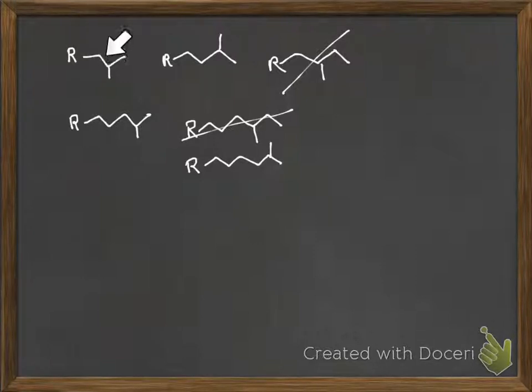So this is isobutyl. The butyl represents the total number of carbons. So the next one over, how many carbons in this one? 5. So what is that? Isopentyl. Yeah? So as a substituent, isopentyl.